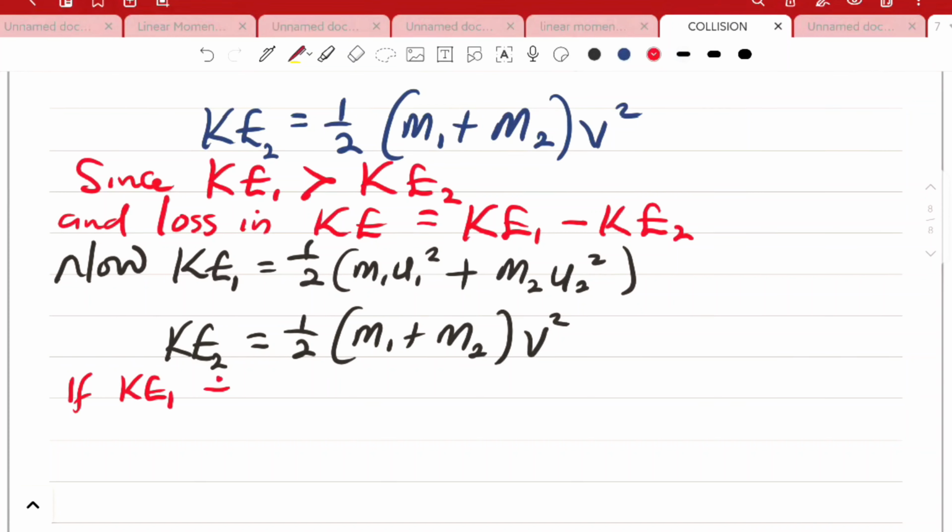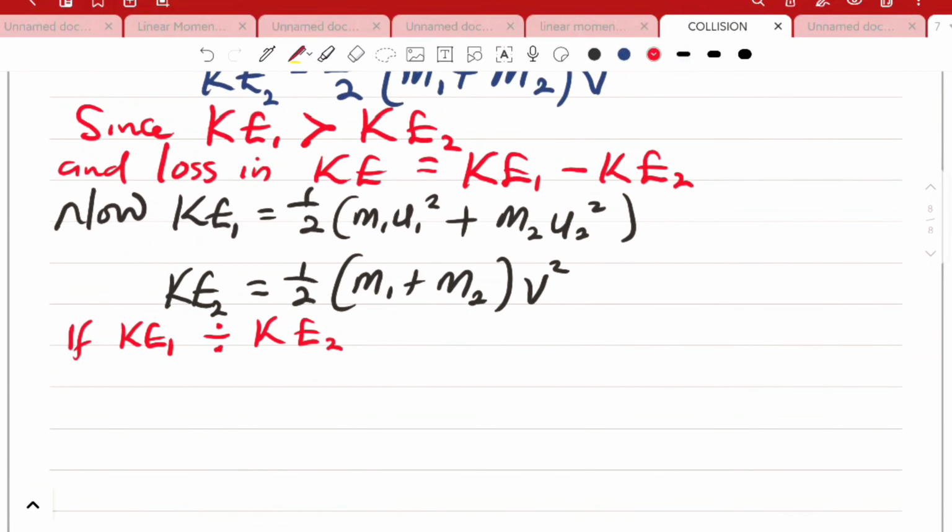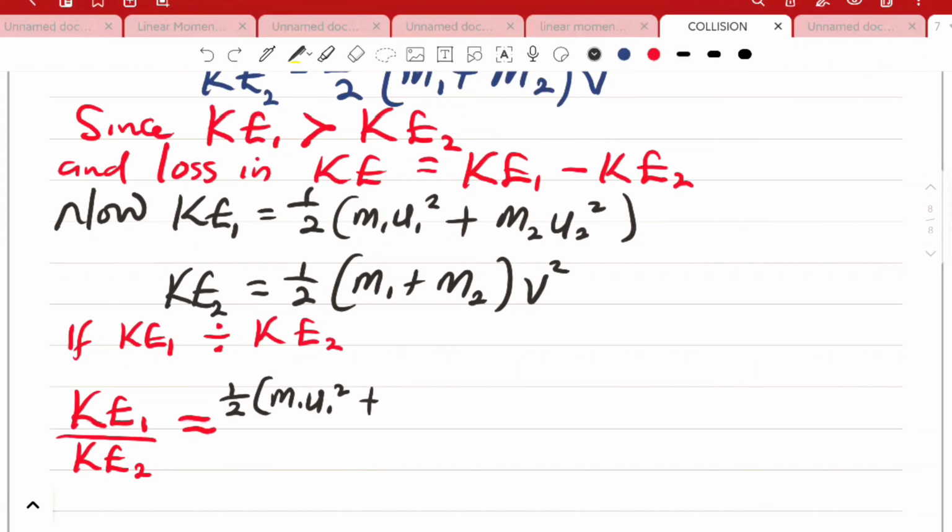If KE1 divides KE2, initial divides final, then KE1 divided by KE2 is equal to 1 over 2 into M1 U1 squared plus M2 U2 squared.